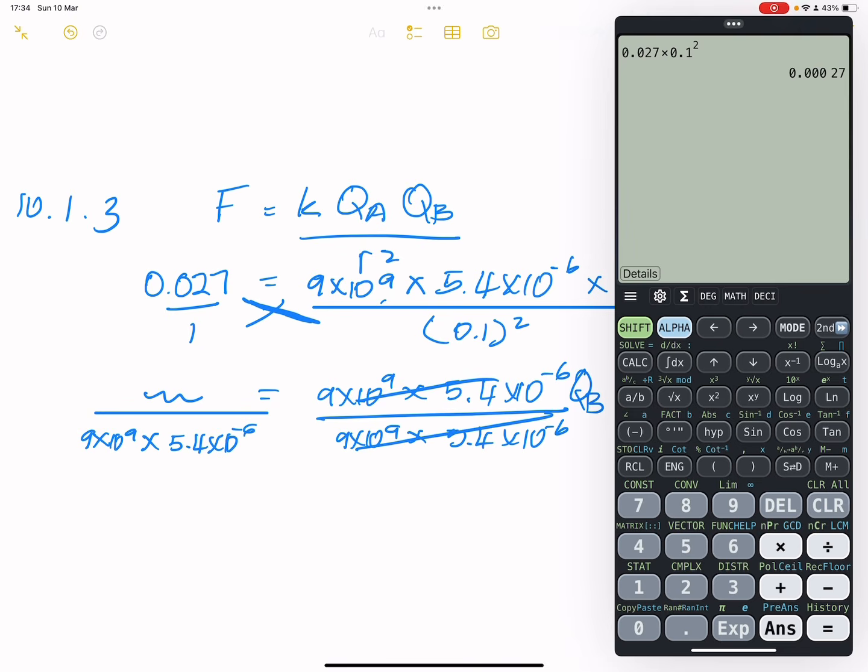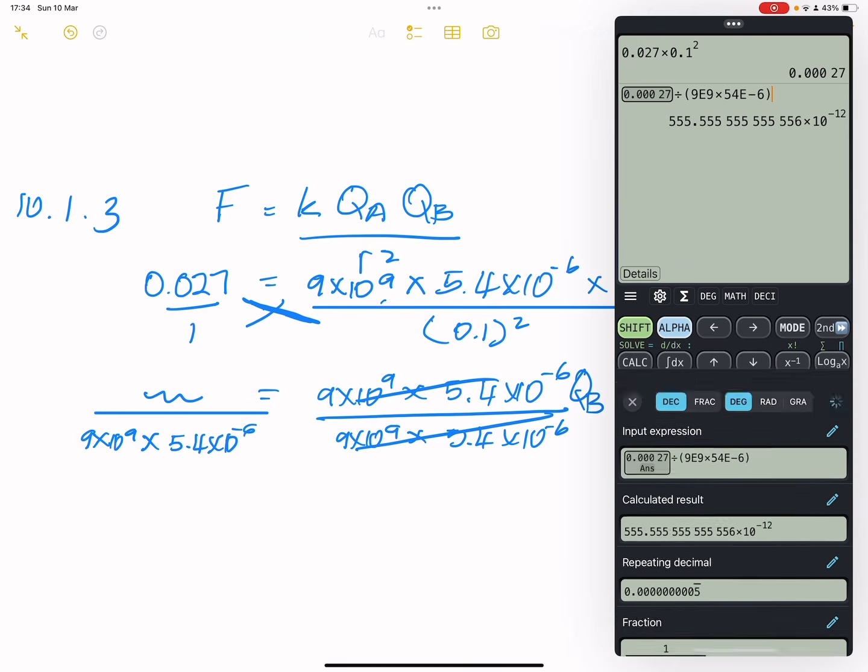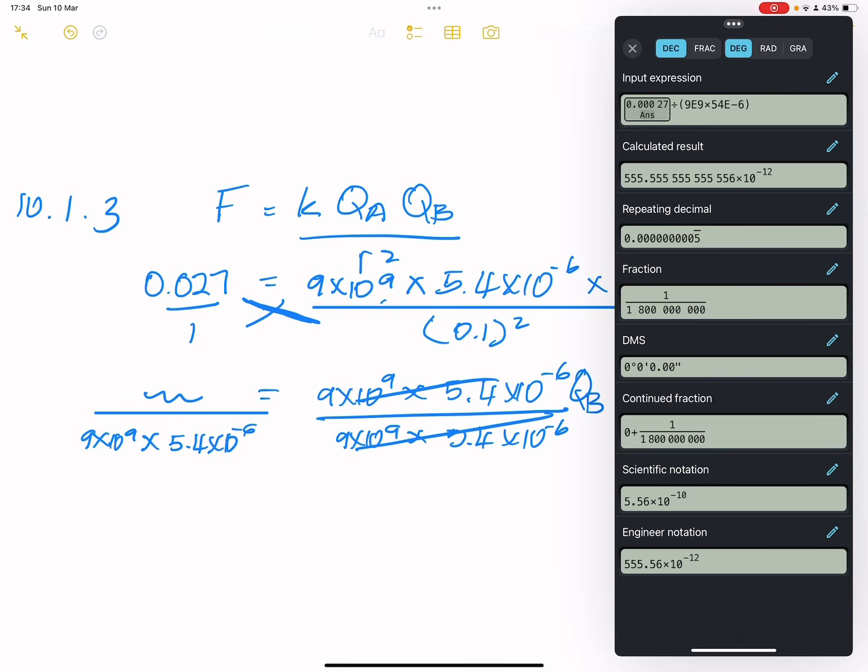So we found the answer, and we divide that by, I'm going to put that in brackets, 9 exponent 9 multiplied by 5.4 exponent minus 6. Let's put better detail to that calculation. So this is 5.56, so the charge of B is 5.56 times 10 to the minus 10.